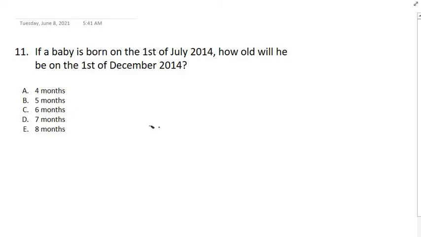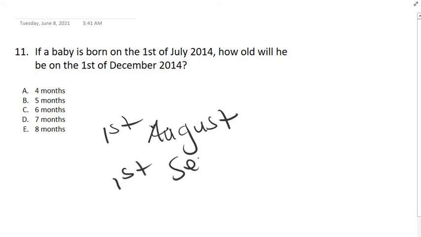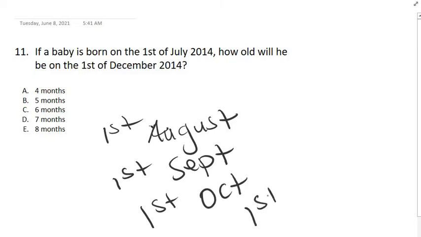July 1st to August 1st, say 1st August, the baby will be 1 month. 1st September, 1st October, and 1st December. How many months will he give us? 1, 2, 3, 4. So the baby will be 4 months, which is A.